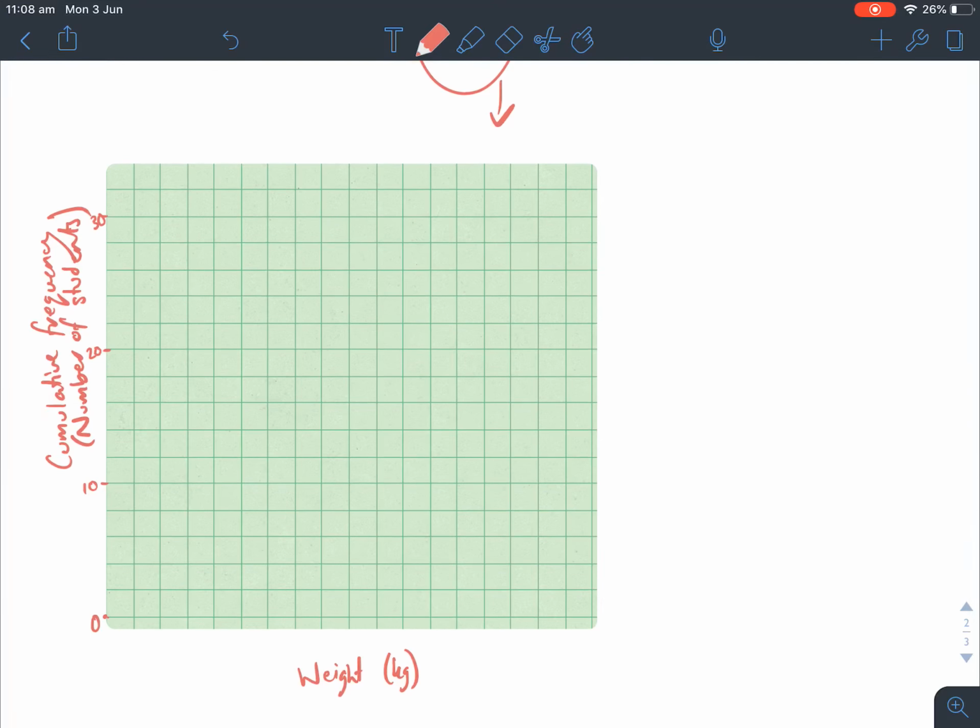Alright, let's construct our histogram. These are the columns. Alright, looking at the cumulative frequency column, the first class matches up with 0. No students were in that class. Alright, so the next class, 5. 5 students.